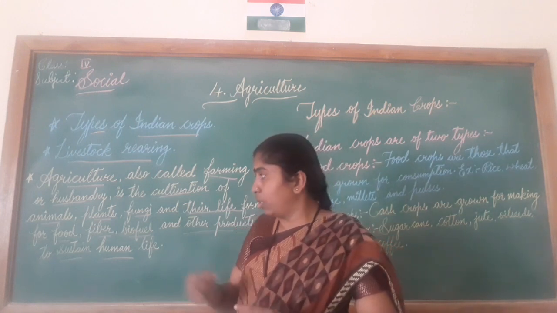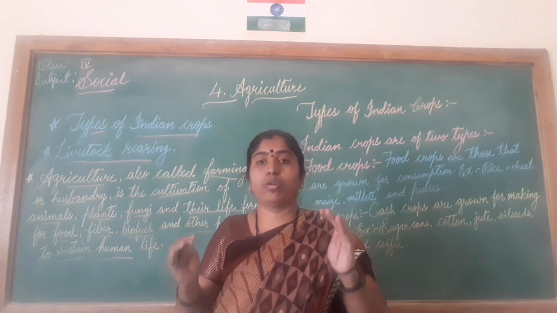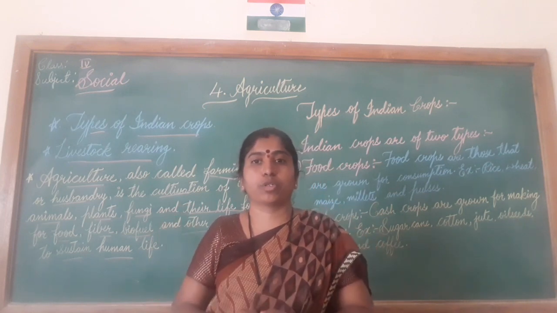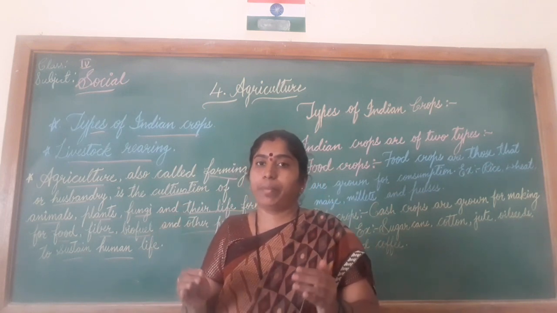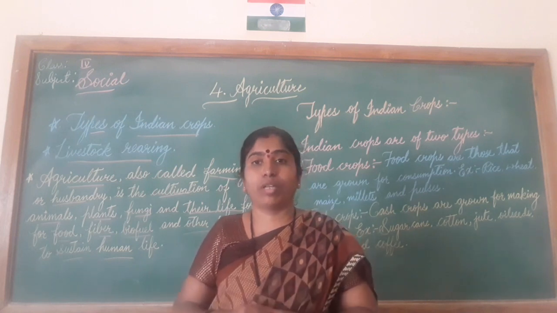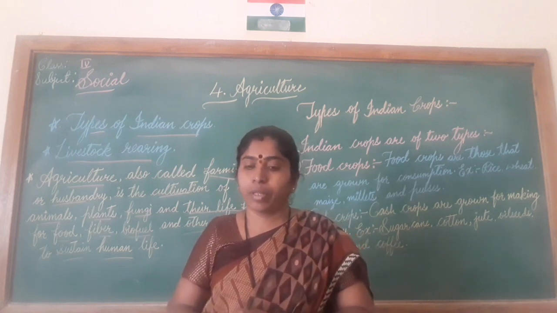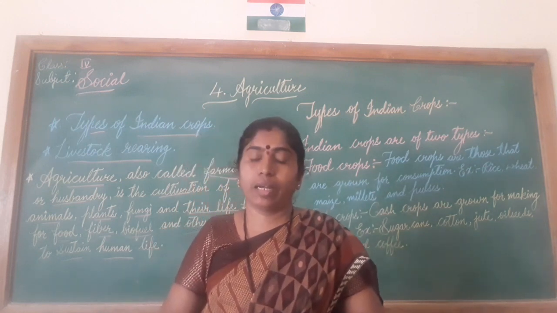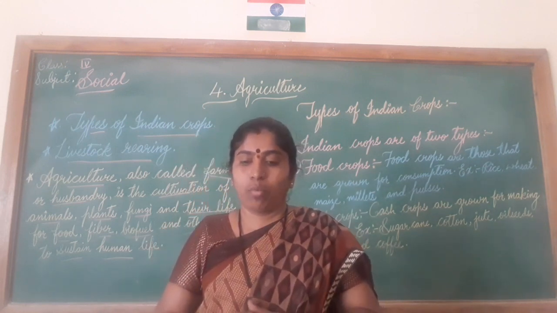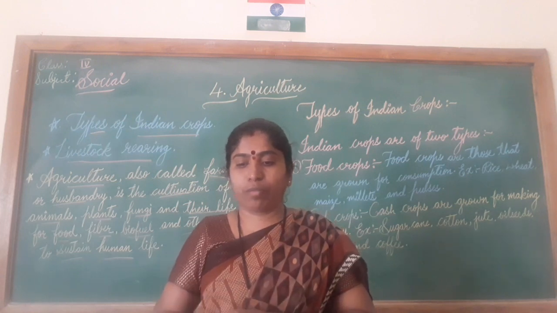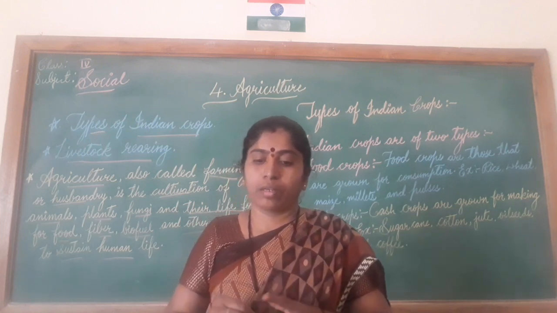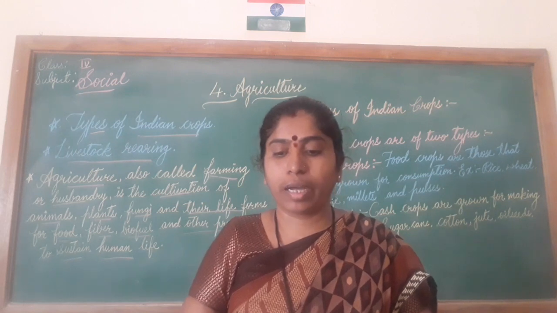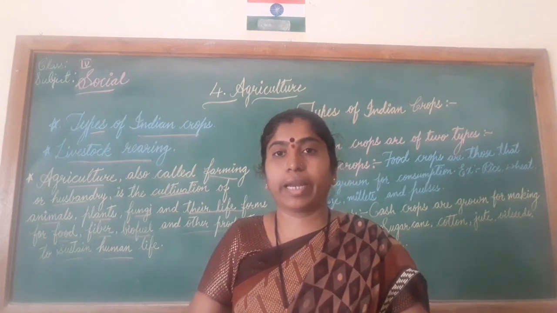So agriculture is related to so many occupations, and it helps people to earn their livelihood. Agriculture is the main occupation of the people in the country. More than half of the population of India depends on agriculture for their livelihood.